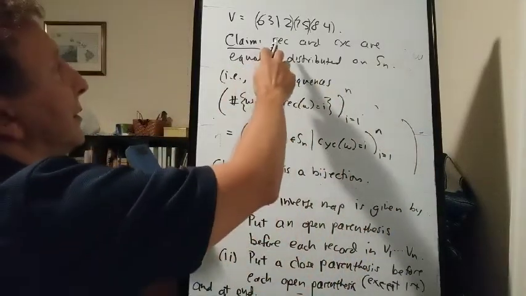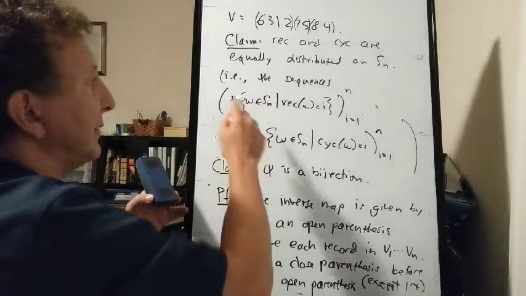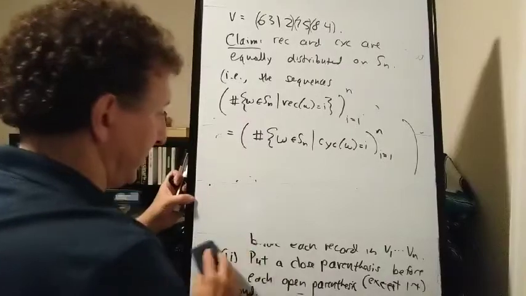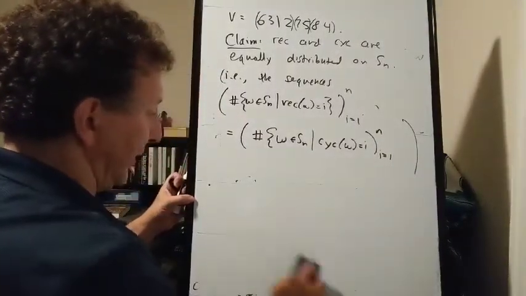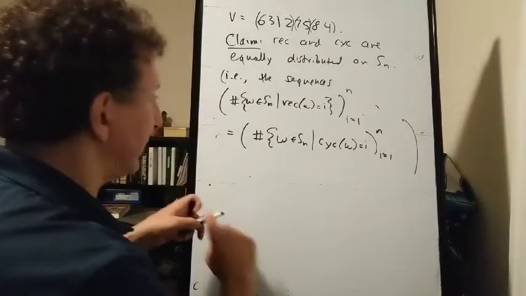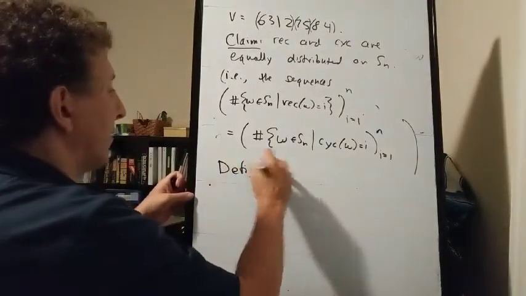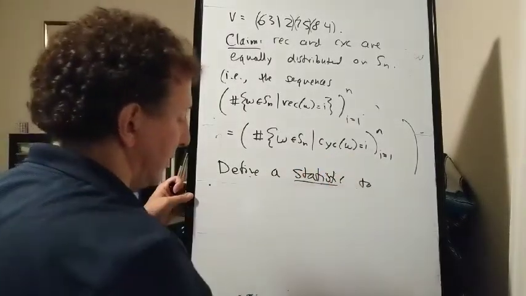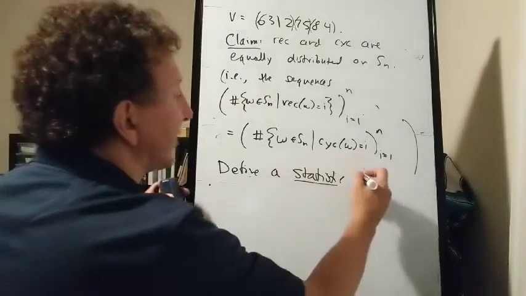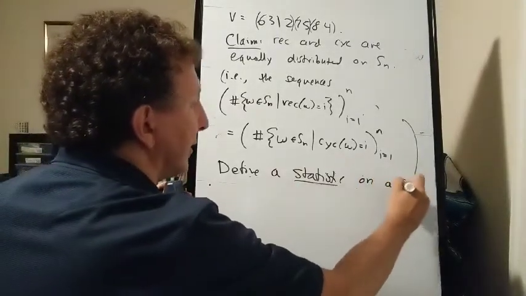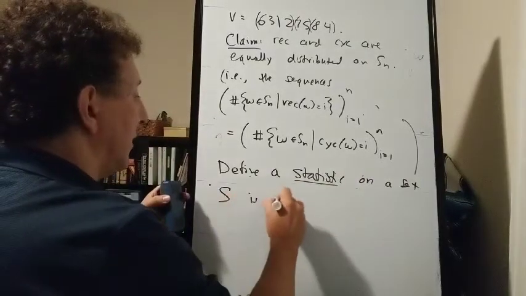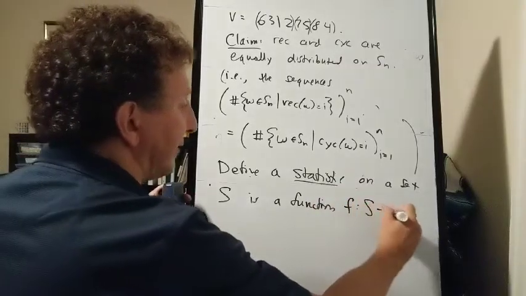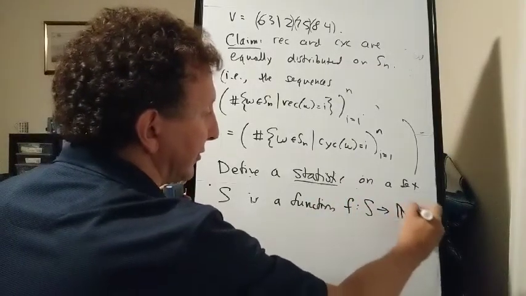So to say that two permutation statistics are equally distributed means that these sequences are the same. And the way I'm using the word statistic: a statistic on a set is a function f from that set to the non-negative integers.